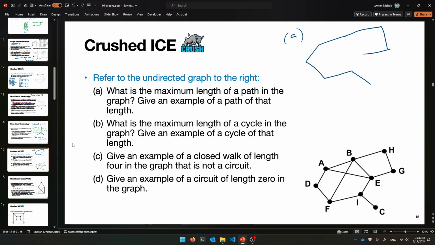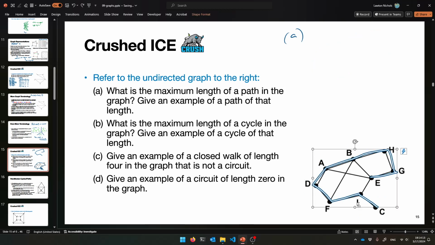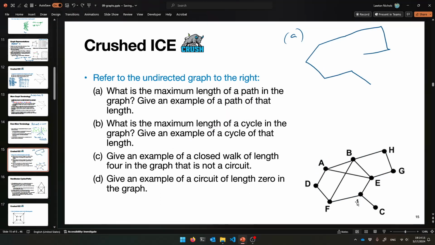So let's see if we can figure that out. We've got to wrap around. Because we cannot repeat vertices or edges, C cannot be included in the longest thing. I hope you see that, because we'd have to refollow this edge through I. So we reuse the I vertex as well as this edge. So sadly, in the longest cycle, this edge can't be included. I think the longest one is just going to be wrapping around. Let's start at A, for example.